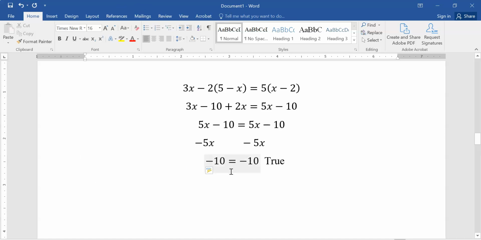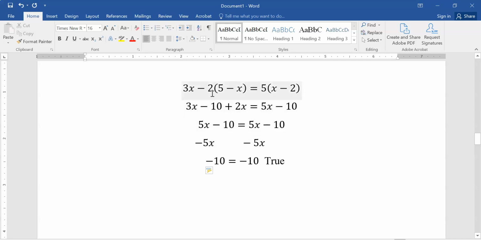So what that means is no matter what number you plug in for x into your original equation, it is always going to come down to giving you a true statement. Now, it might not always be negative 10 equals negative 10. It might be 30 equals 30. It might be 2.5 equals 2.5. But it's always going to be true.